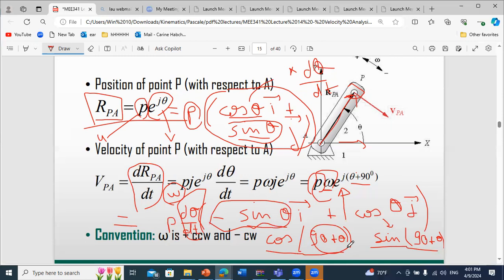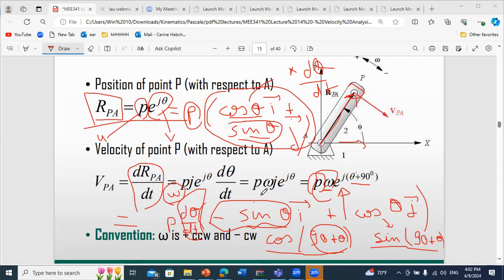Since dealing with exponential form is faster, we'll write our vectors in exponential form. Then when you want to differentiate a vector, all you have to do is multiply the magnitude (and I repeat, the magnitude is constant) by the angular velocity of the link by e^(j(theta plus 90 degrees)).